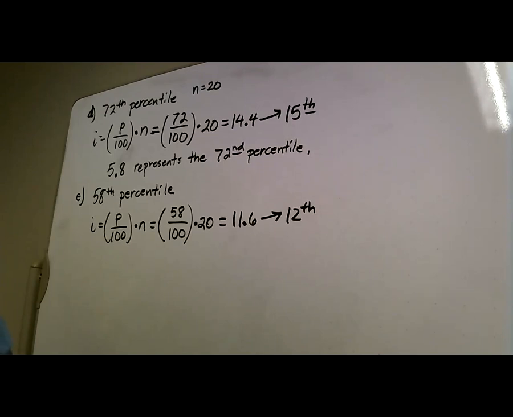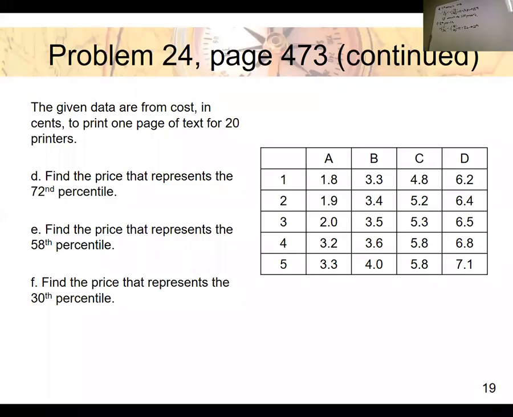Okay, so going back to this, the 12th is 5.2. That's the 12th number in that data set.